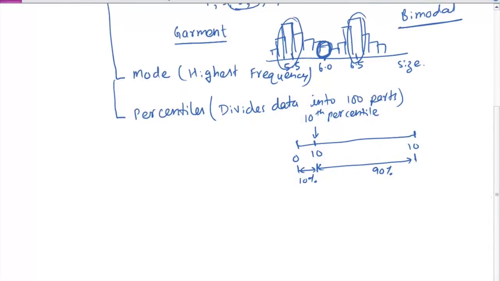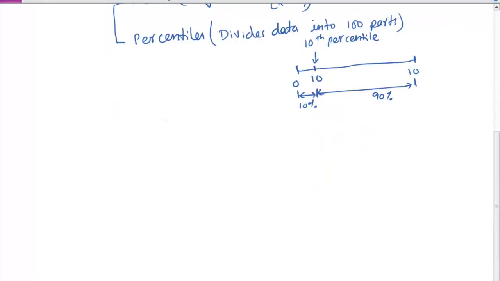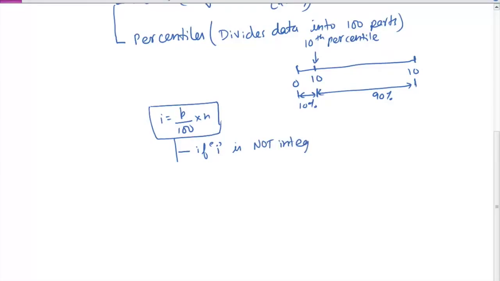Now to calculate a percentile, there's a formula you can use: i equals p by 100 times n. n is the sample size, p is the percentile. There are two rules associated with this. If you calculate i and whatever you get is not an integer, round up, and then the pth percentile is the ith value.